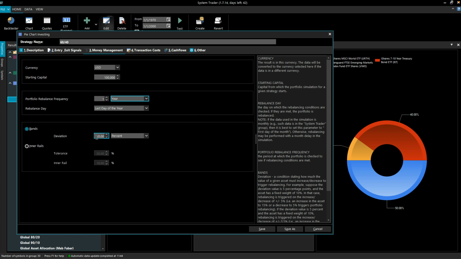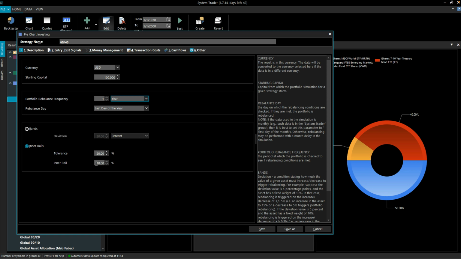An even better approach is so-called inner rails rebalancing, which means that similarly as before, we are only triggering the rebalancing when, for example, the deviation is above 20%. But once we are triggering this rebalancing, we are not doing that fully, but for example, halfway, like 10%, we still allow the deviation after rebalancing.